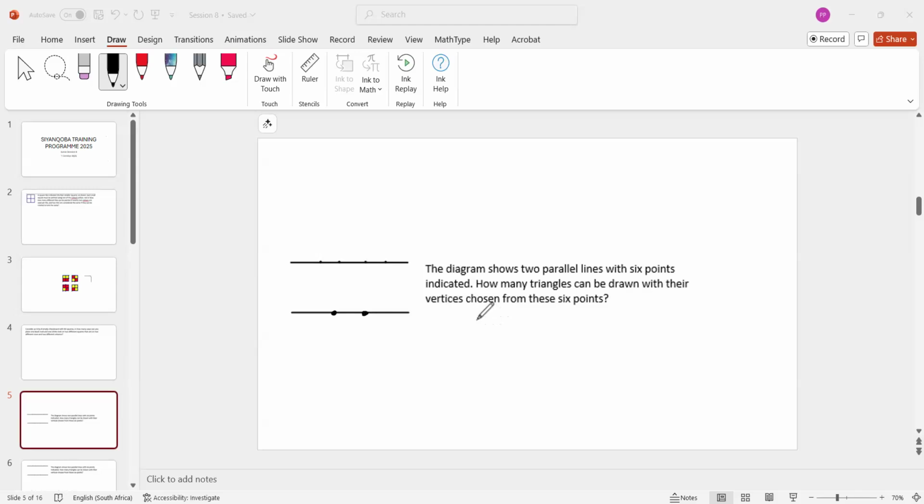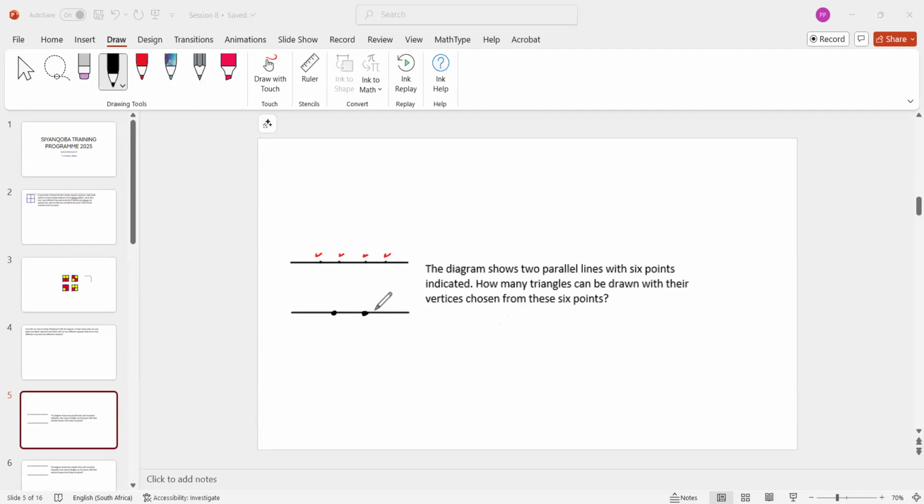I've got two vertices chosen on that line. Then how many triangles can I draw? Now I don't really have to draw the triangles, but what I can see is that the third vertex can be chosen as that one. That'll give me one triangle, or that one, or that one, or that one.